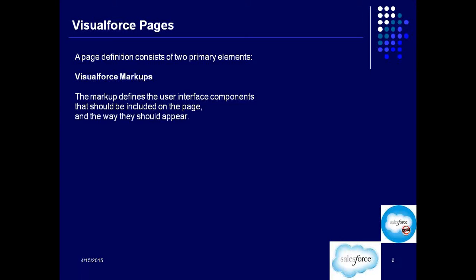So markup not only defines some components on the page, it also controls the way they should appear. All right. So basically controlling the look and feel of them, and if you need a 2-column page, or you need a 1-column page, or you need a 10-column page, so that all completely depends on the markup thing. So that's the Visualforce markup part of it.